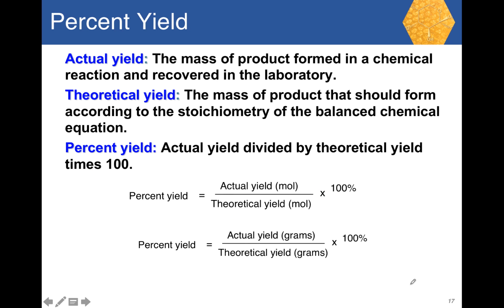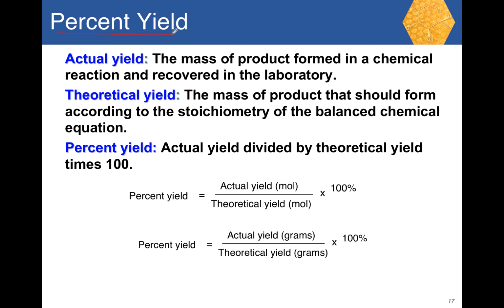Let us introduce another concept here, and that is percent yield. In the research lab and in industry, whenever a reaction is performed, typically there are side products. So you get your product that you're trying to make and other products.